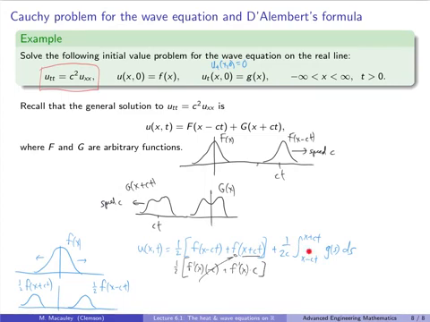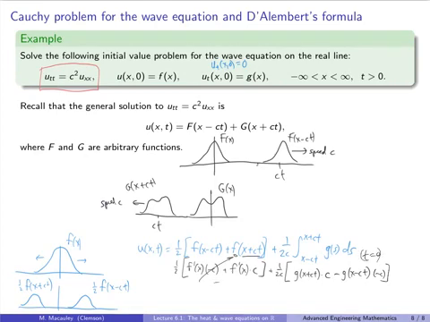And now the derivative of the integral term is given by the fundamental theorem of calculus. So it's 1 over 2c, and now we have g of x plus ct times the t derivative of the upper limit, so that's times c, minus g of x minus ct times the t derivative of the lower limit, that's going to be a minus c. And of course we're doing this at t equals 0.